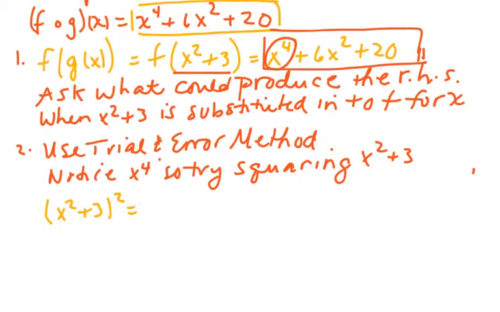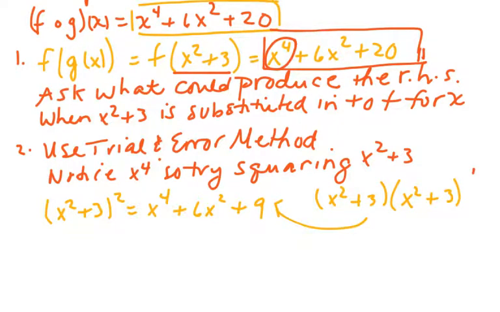You can use your rules for squaring or FOIL it out, however you like. I'm just going to use my rules for squaring. So square the first, which is x squared times x squared is x to the fourth, plus 6x squared, plus square the last, which is 9. Or you can FOIL it out, and you get the same thing.